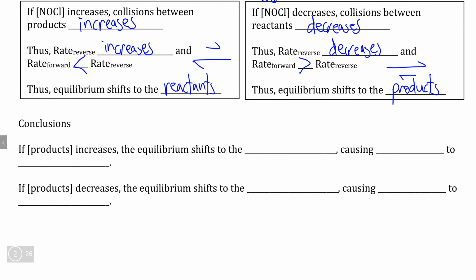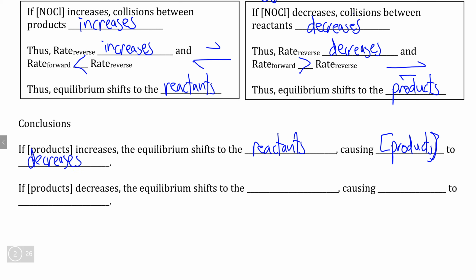So if we put these into succinct concluding statements, if the concentration of products increases, nature, being the equilibrium, will try to counteract this by shifting the equilibrium to the reactants, and when this happens, that will cause the concentration of our product molecules to decrease, thereby reversing the change.